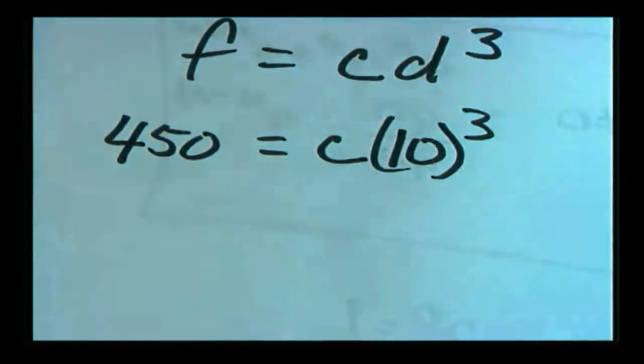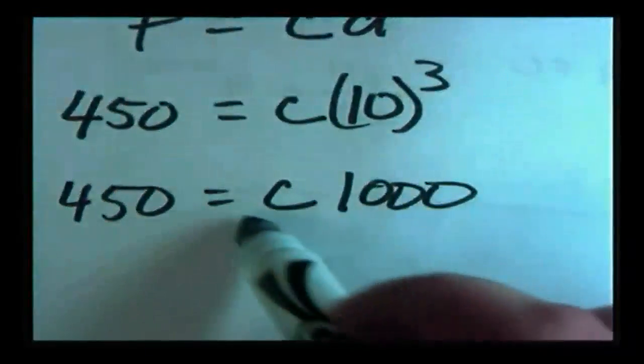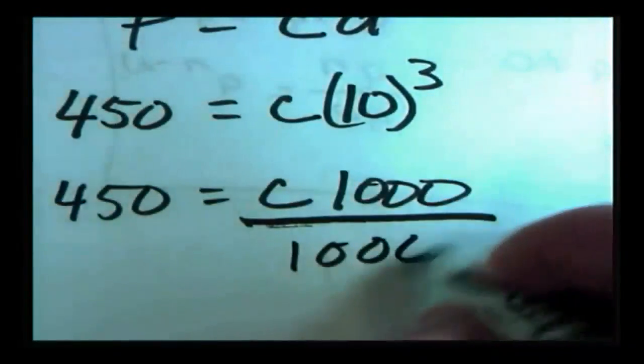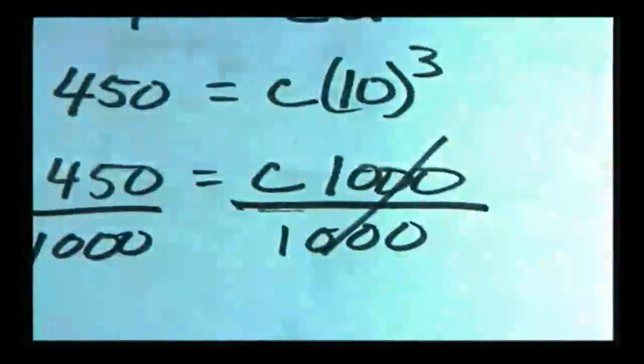10 to the third power is 1,000. So I'll rewrite this as 450 is equal to c times 1,000. Divide out the 1,000 on the right hand side. And what you do to one side, you have to do the other.